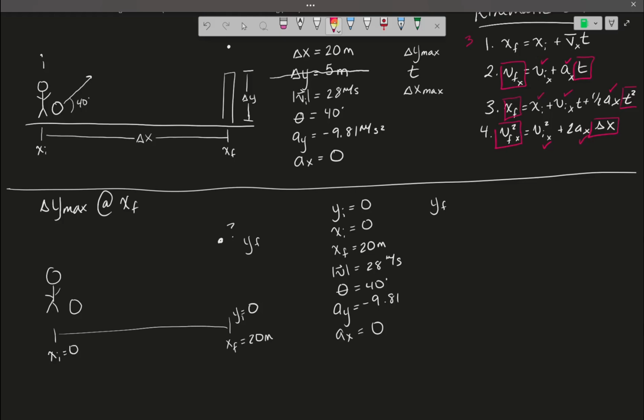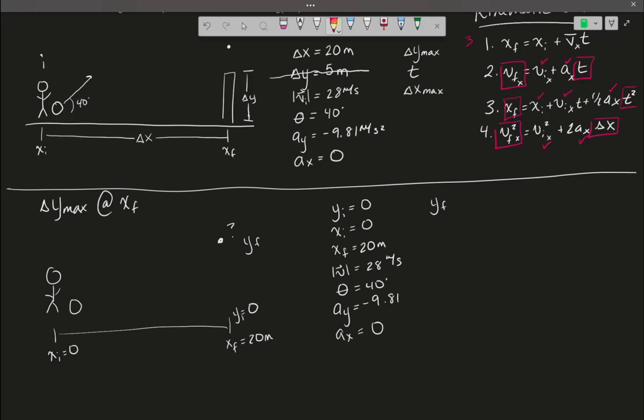So this means that I need to either figure out how long it takes for my object to get to that position, or I need to figure out what is the velocity of the object when it gets to that position. Either approach is fine.